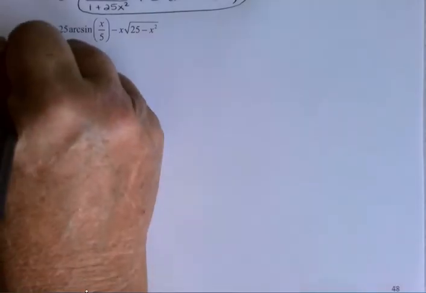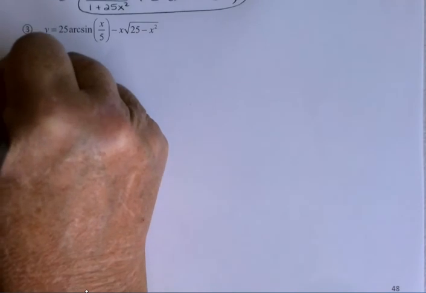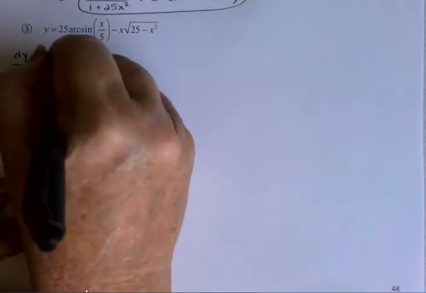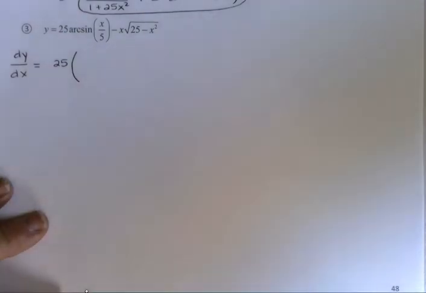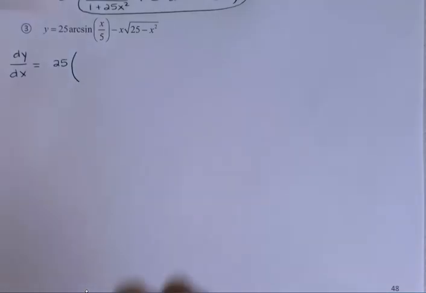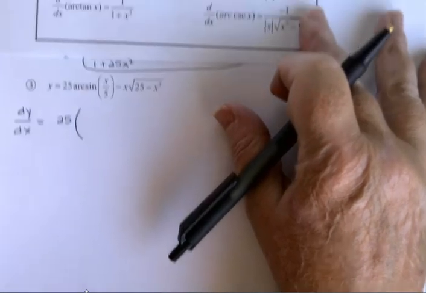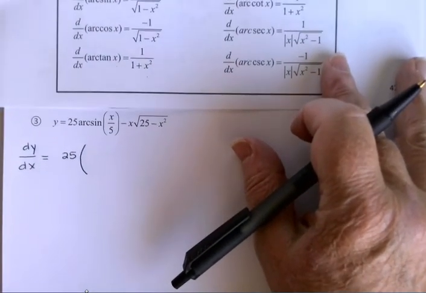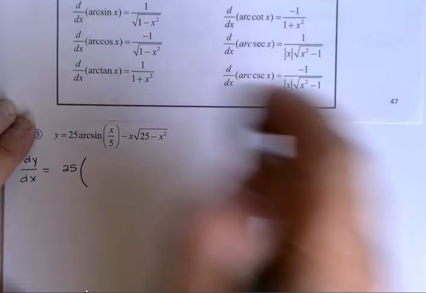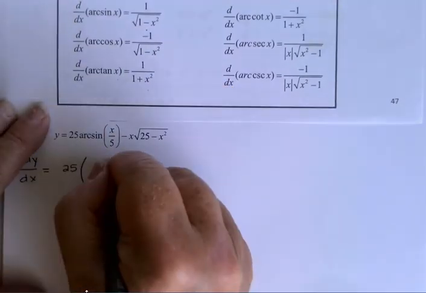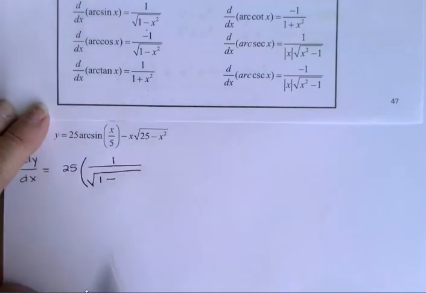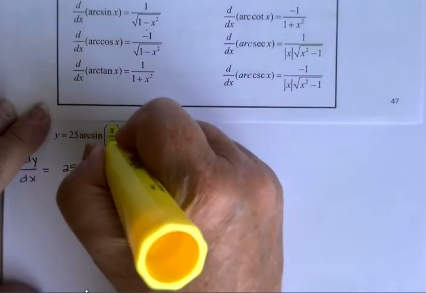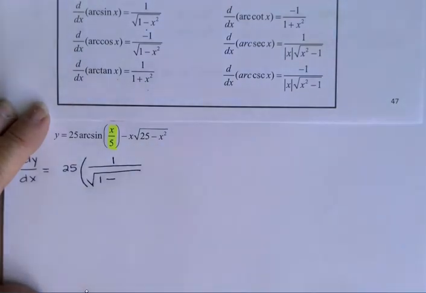So dy dx is 25 times, and now the derivative of arcsine is right here. So I'd have 1 over the square root of 1 minus, and instead of the x, I actually have an x over 5.